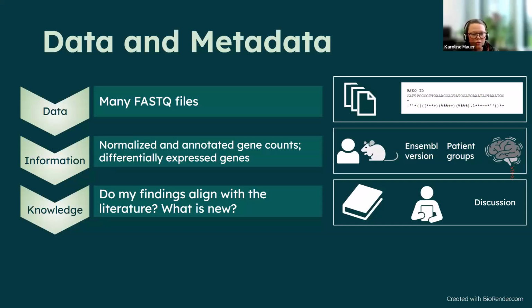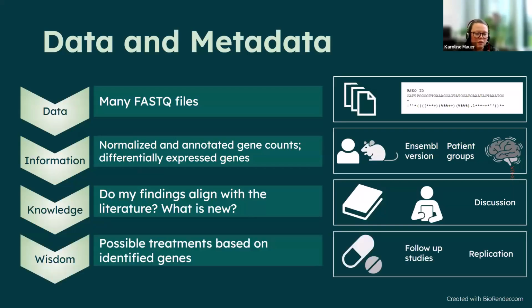You look at the information you have and ask, do my findings align with the literature? Is there anything that I found new, or where does my information close any gaps? At this point, you are reliant on the information that is already in the vicinity of your study. Then in the knowledge phase, you can maybe identify possible treatments based on the genes you have studied.